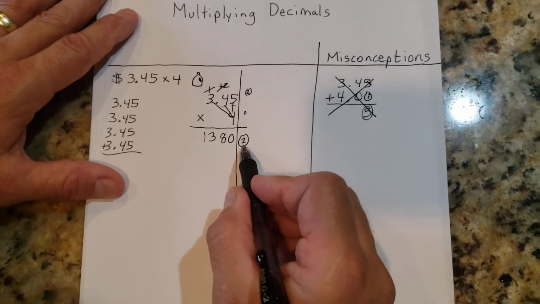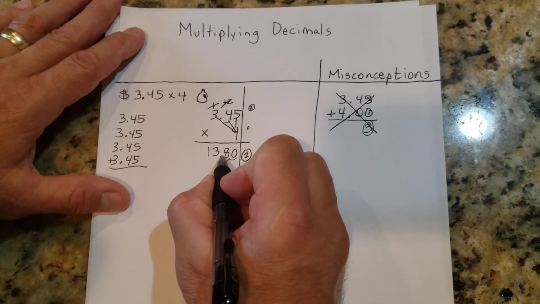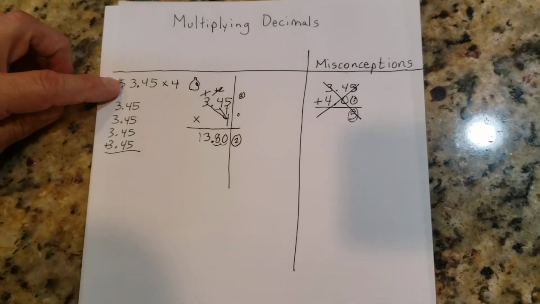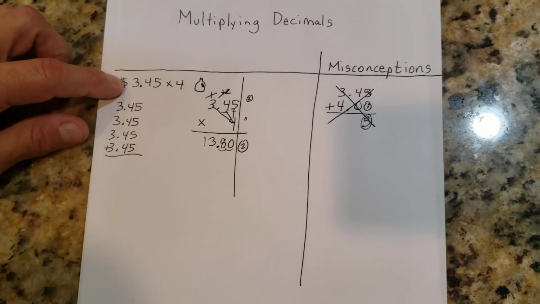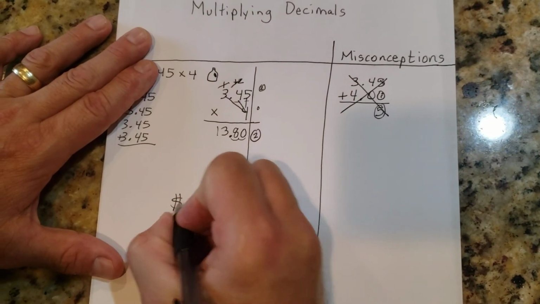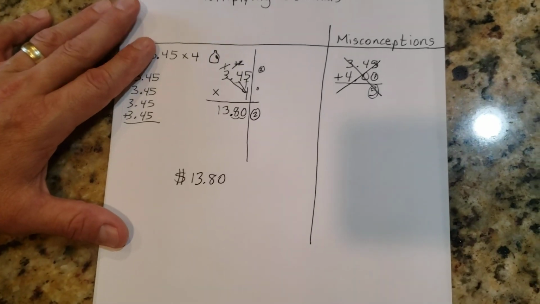The last thing is I have 2 digits behind the decimal, so I have to plug in my decimal. So now you know, if you went to the store and bought 4 gallons of milk at $3.45 a gallon, you would be spending $13.80 total.